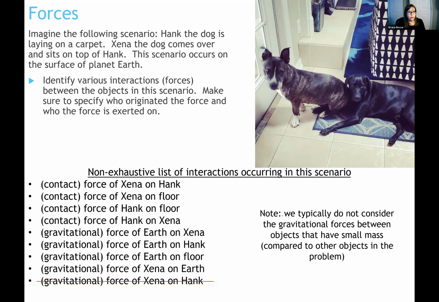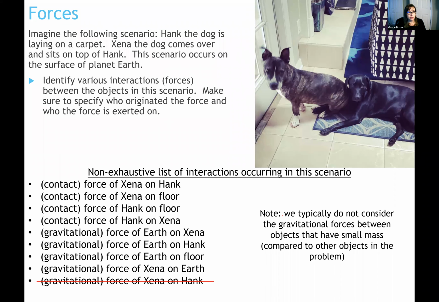So we typically only look at gravitational forces between an object and another object where at least one of them is very massive. The other ones are just too complicated, and honestly, they are so small compared to the gravitational pull of a large object on even a small object. So I'm not going to include any of those in any of the next examples that we do. And that's why.